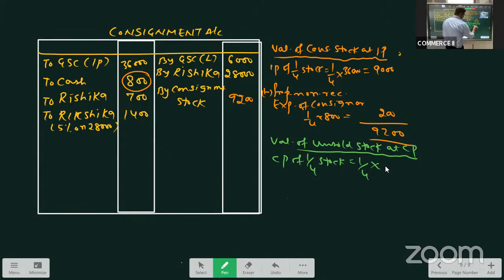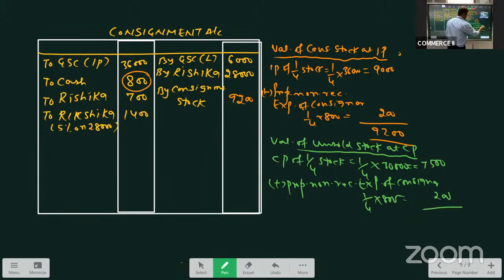It is 30,000. 1/4 of 30,000 would be 7,500. Add proportionate non-recurring expenses of consignor, that is 1/4 of 800, 200. So add these together, 7,700.